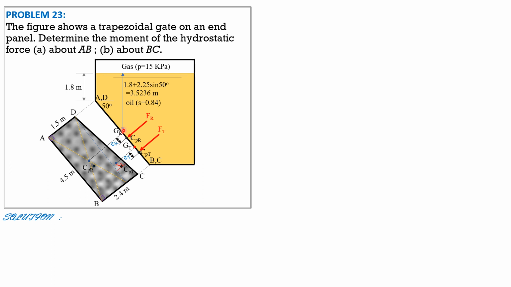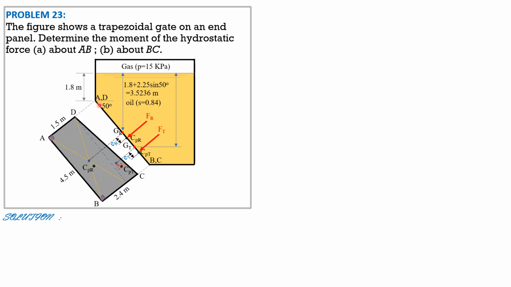pressure at the centroid, because I'll use the formula for computing these hydrostatic forces, pressure at G times area of the figure. Then for the distance of the centroid of the triangular part to the oil surface, this is 1.8.